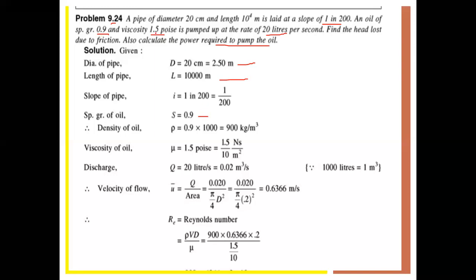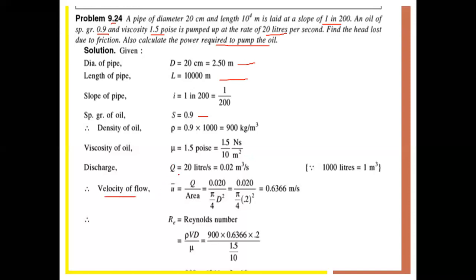The density of oil is 900. The discharge given is 20 liters per second, converted to 0.02 meter cube per second.